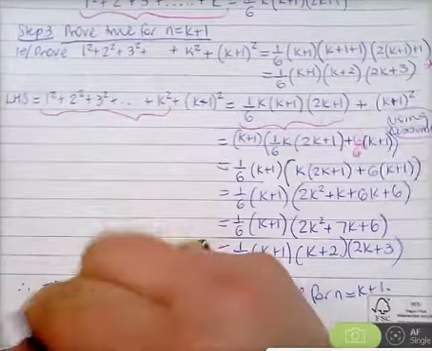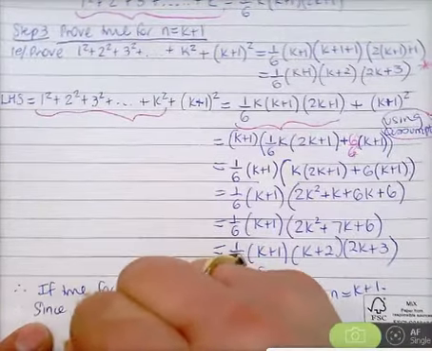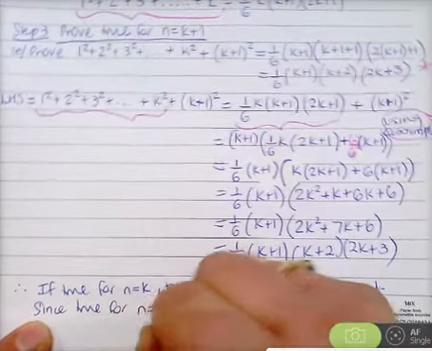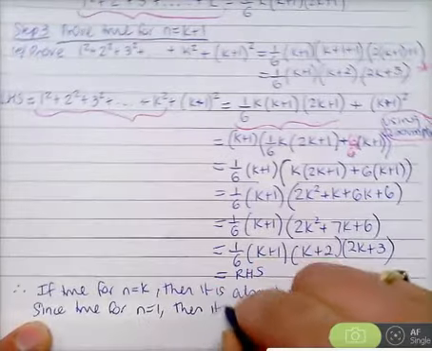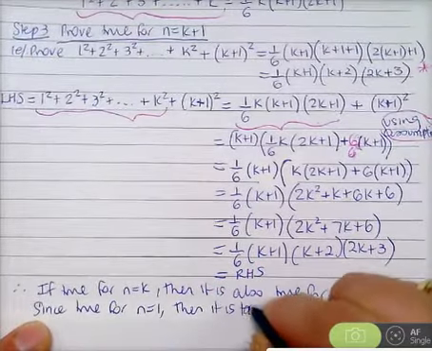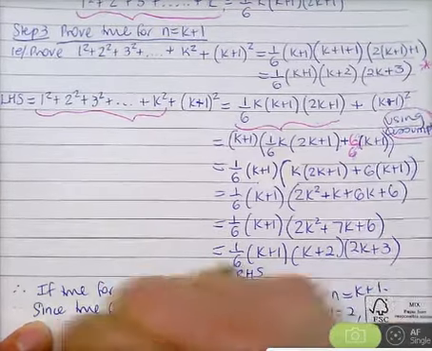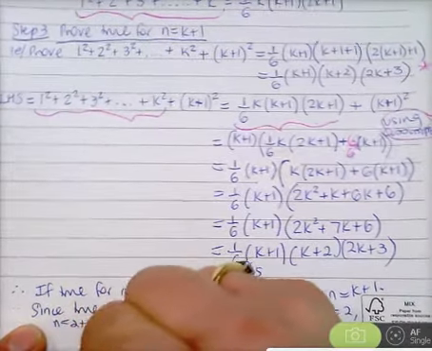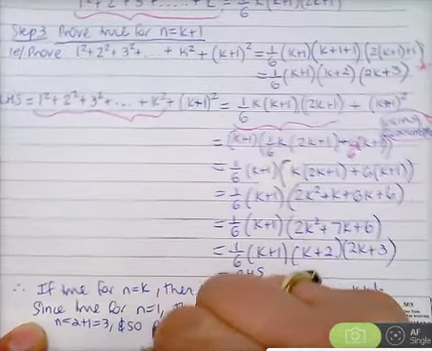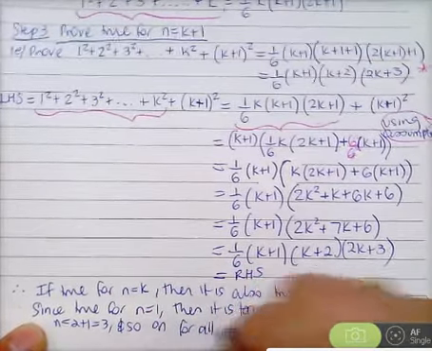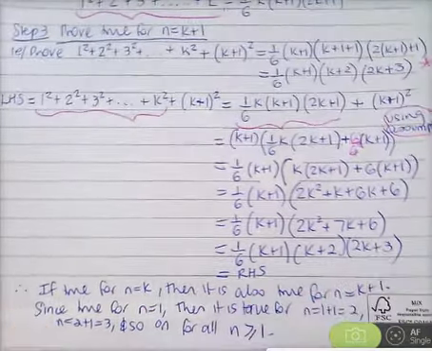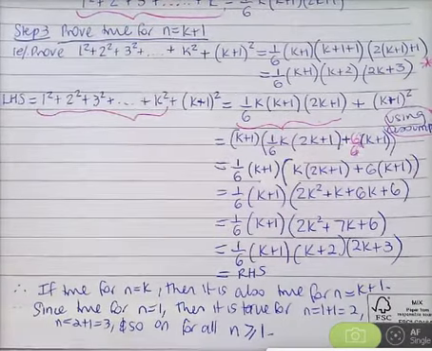Then we write, since it is true for n equals 1, then it is true for n equals 1 plus 1, which is 2, n equals 2 plus 1, which is 3, and so on for all n greater than or equal to 1. This question should have told you what values of n you were supposed to use.